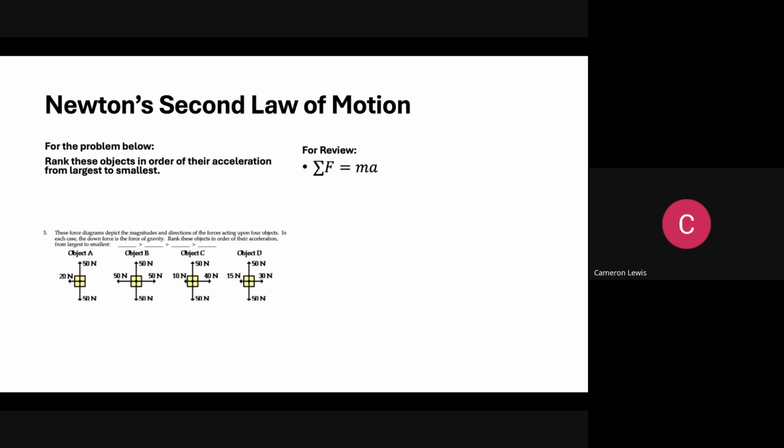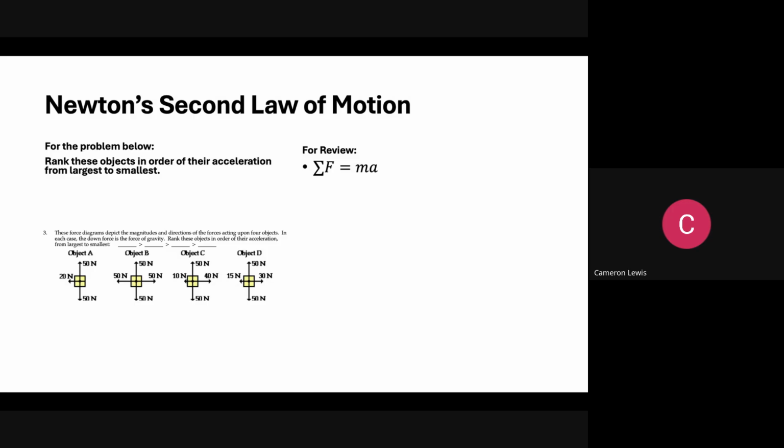Now we have to see between A, C, and D. What is the net force left and right for object D? 15, because we subtracted 15 from 30. So with us knowing that, B is at the very end.